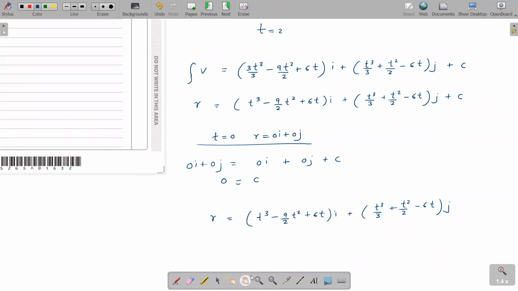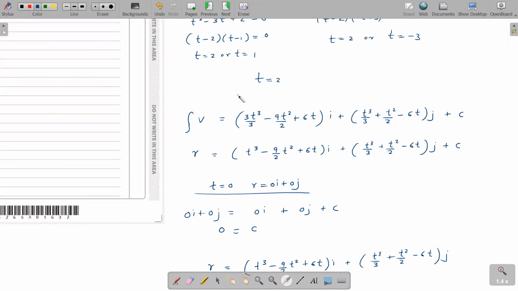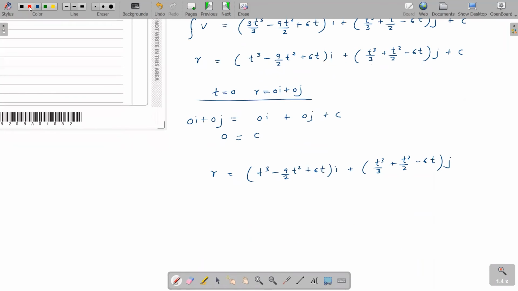So replace the t value with what we found, where it comes to instantaneous rest. The point A is when time equals 2. Replace t with 2.